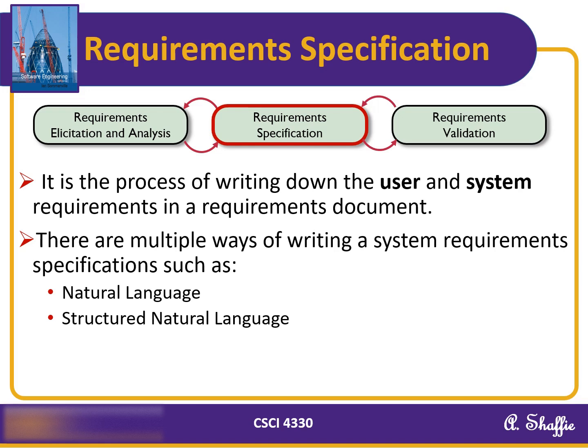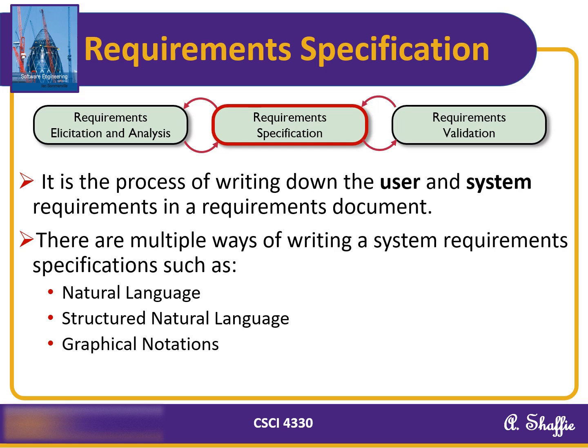Then we have structured natural language. Here, requirements are written on a standard form or template in natural language. We're still using natural language, but we're using it to fill a certain form or template, where each field of the form provides specific details about an aspect of the requirements.